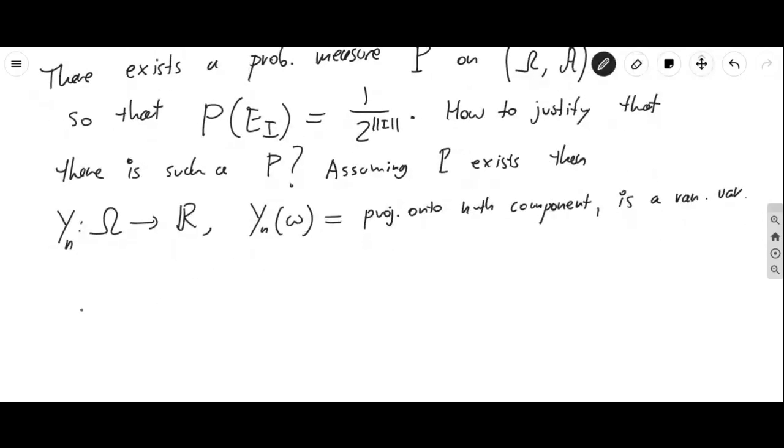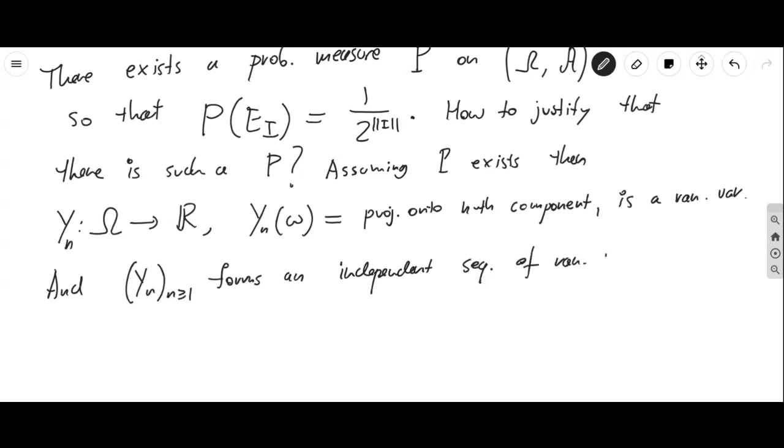So this is a random variable, and this collection, this sequence of random variables, forms an independent sequence of random variables. This is, again, by construction, because for these to form an independent sequence, this is the reason for why we've defined the probability of this event to be this. We do it by multiplying across the intersection.